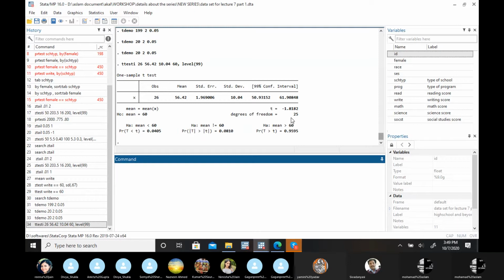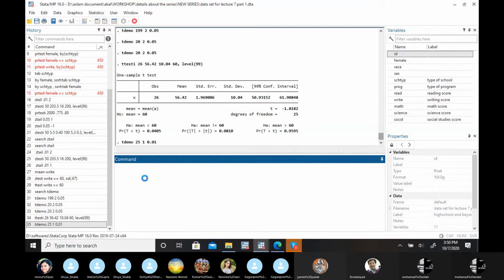If you need a critical value level of significance approach, then you need a critical value. So how do you calculate the critical value? Now you have this package, T demo. 25 degrees of freedom. Now one tail, so press 1, 0.01. It will give you the critical value for t.